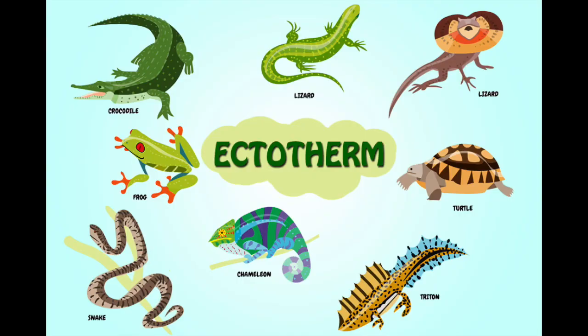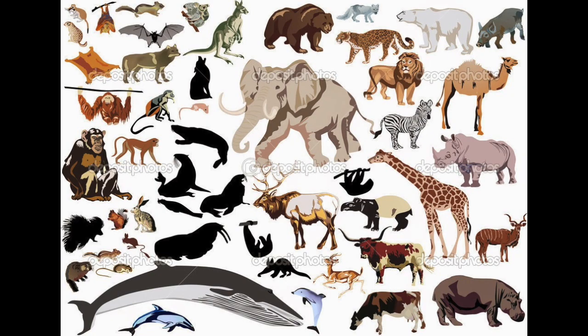Now, we also talk about a lot of times ectotherms and endotherms when I introduce homeostasis. An ectotherm is an organism that gets its body temperature from the outside. An endotherm is an organism that gets its body temperature from within.